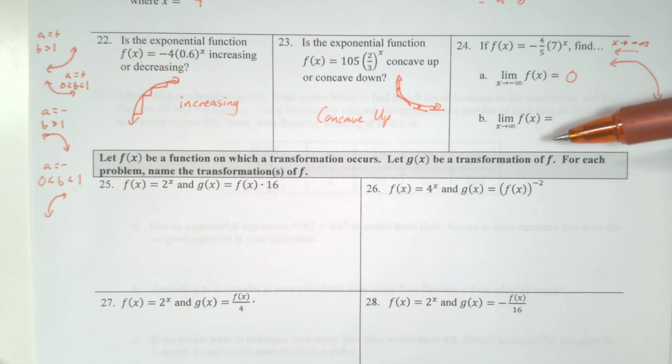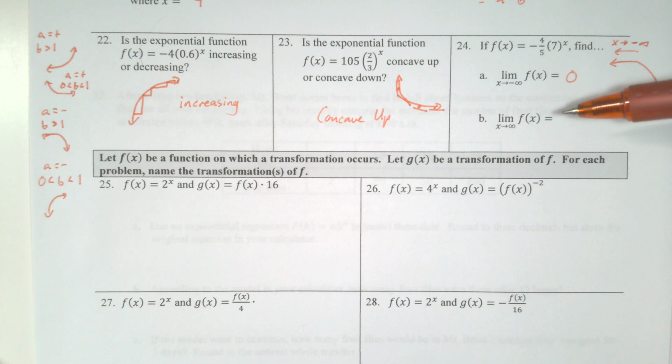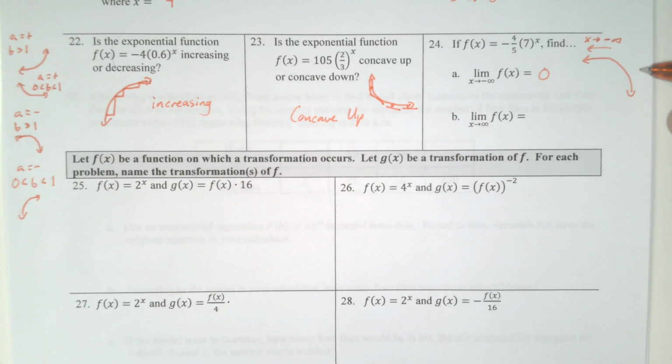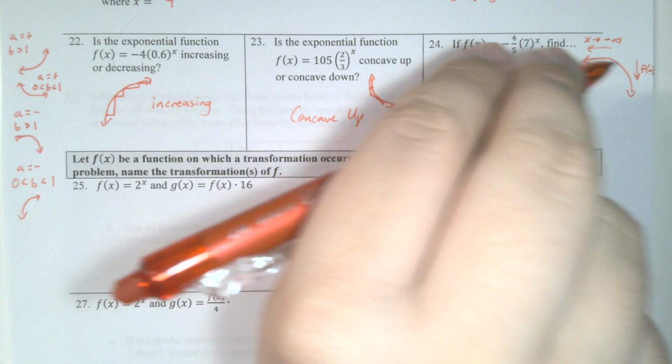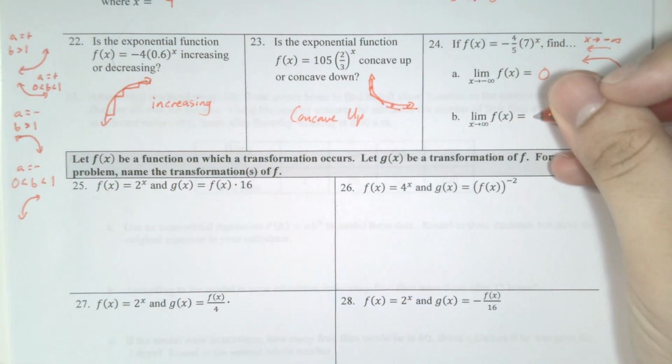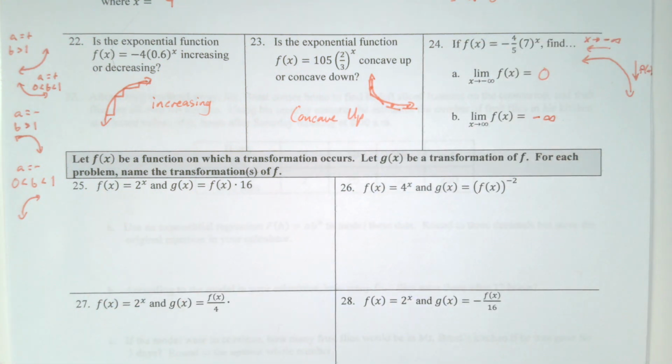And for f of x as x goes towards positive infinity, our function is going to go down as we go further to the right, and so this would go towards negative infinity.